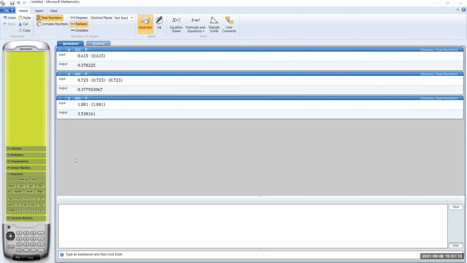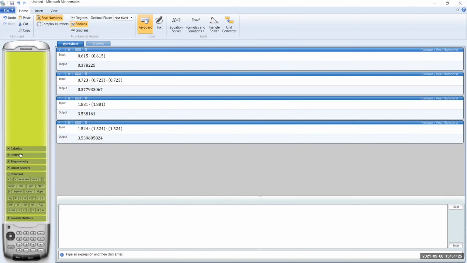The same thing now for the last one, which is 1.524 times 1.524 times 1.524. I have to do the cube for the a, and this is going to give me 3.596. The 6 now is the one that is open to debate. The 6, I have to round it up because it's more than 5.